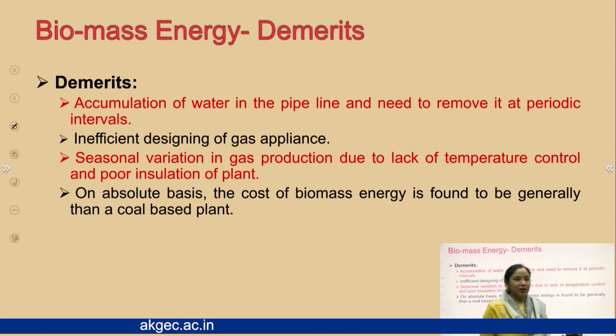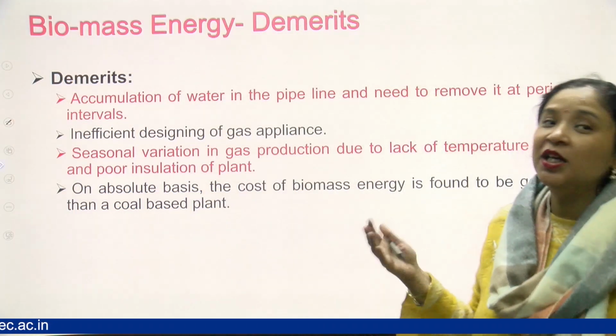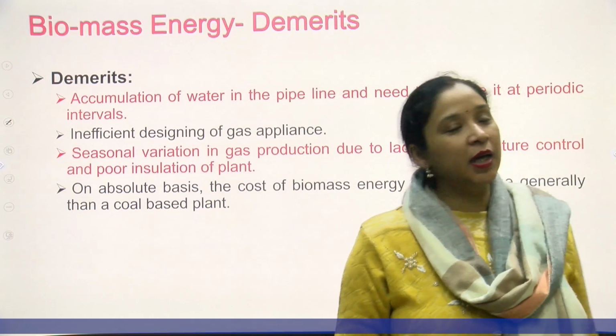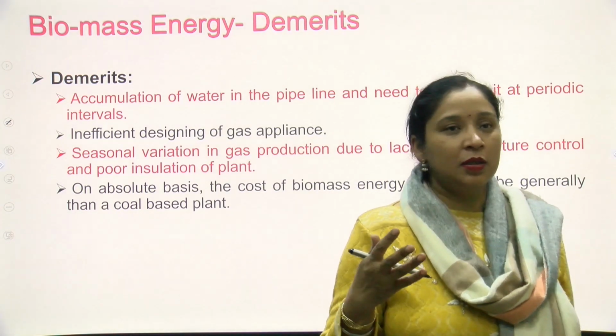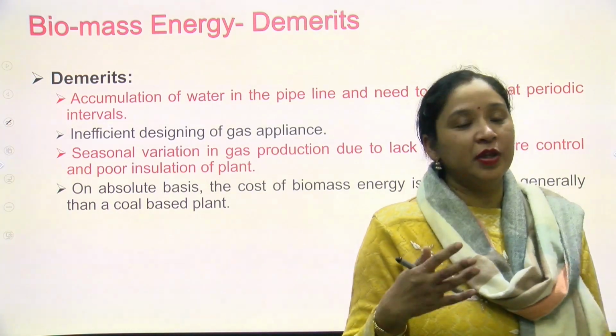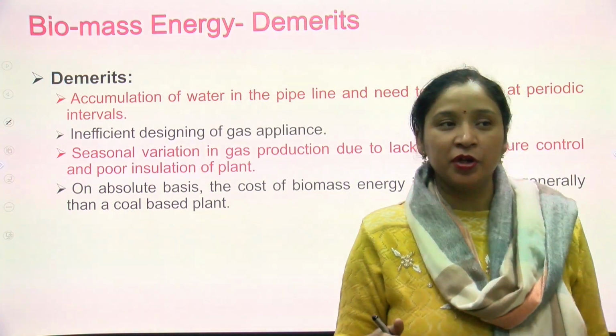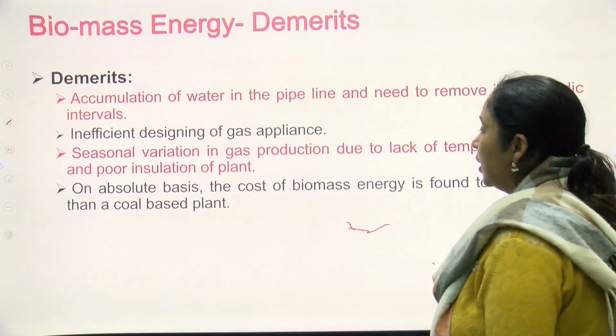Since there are merits, there are demerits also. Water accumulates in the pipeline and needs to be removed at periodic intervals. As I told you, sludge gets stuck in the pipes, causing a lot of problems, especially in the fixed dome type of biogas generator. Insufficient designing of gas supply.